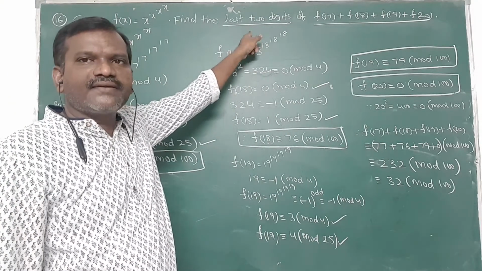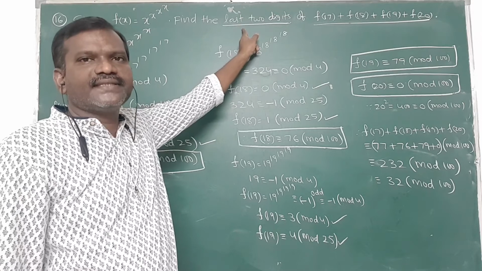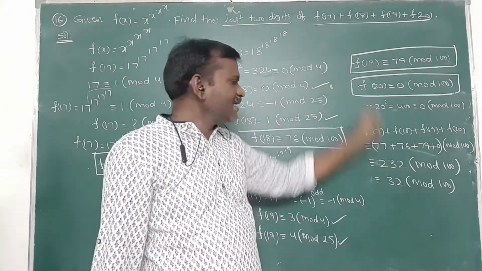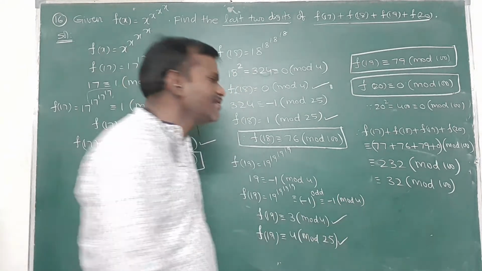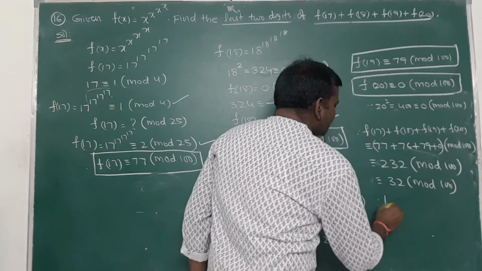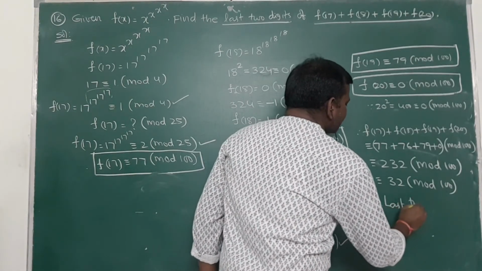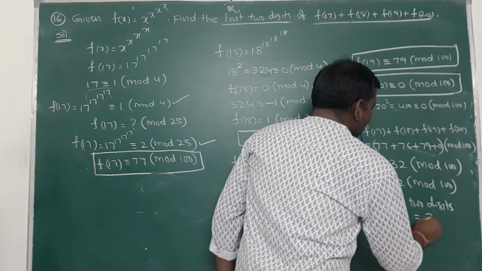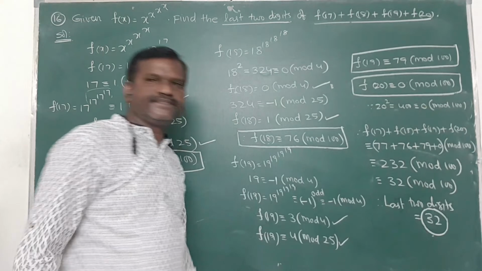At the starting only I told you that the last two digits means the remainder obtained when this is divided by 100. Therefore, the last two digits is equal to 32. So 32 is the answer.